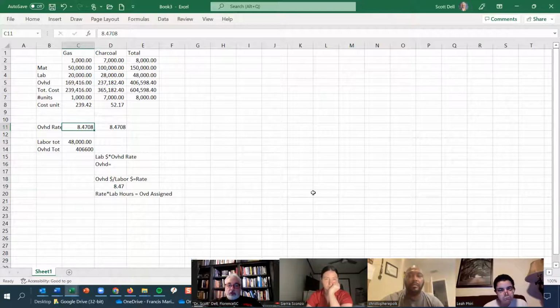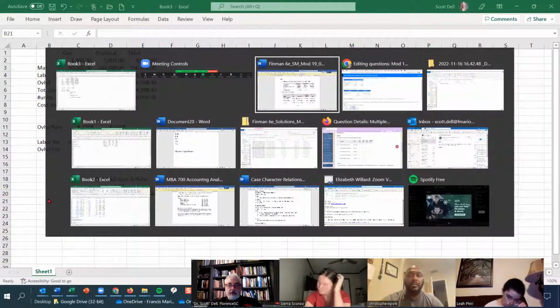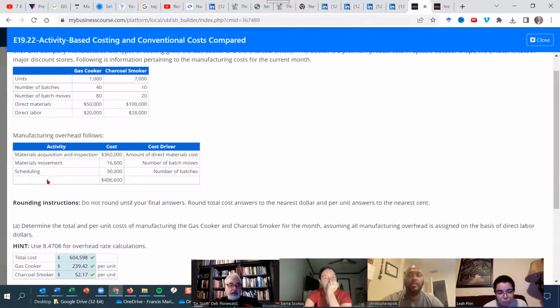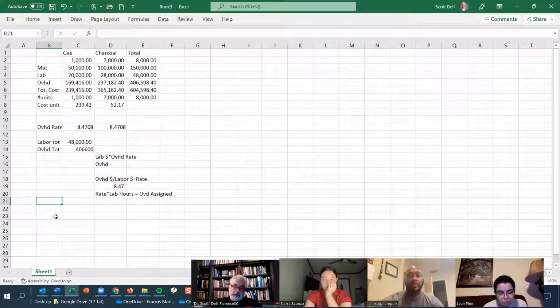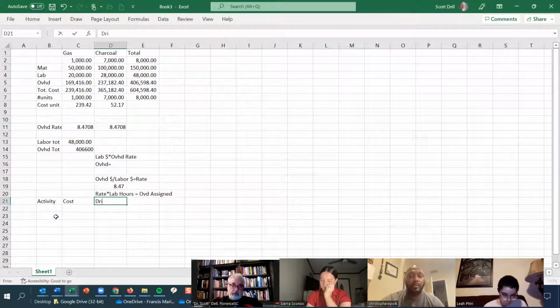Okay, so now we're going to do the table of cost drivers to come up with our overhead. Let me see what I got here. I've got the activity, the cost, and the driver. So let's do activity, cost, and driver, and then we'll have the rate to go with that.